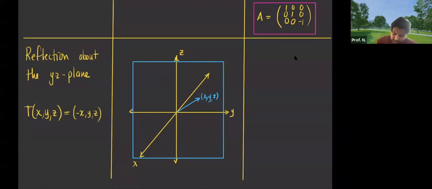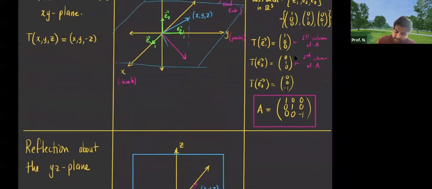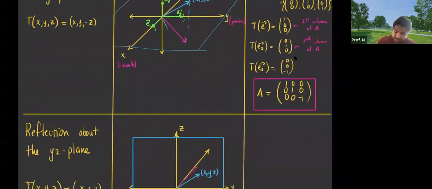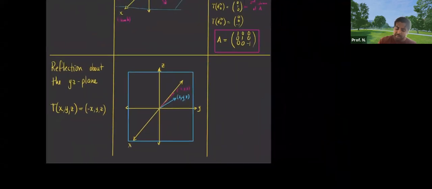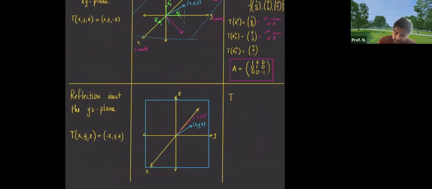And again, drawing this is not the easiest thing. So this will be the reflection here of negative X, Y, Z. So then what's going to be T of E1? Well, that's the only thing that's affected, right? Negative 1, 0, 0.